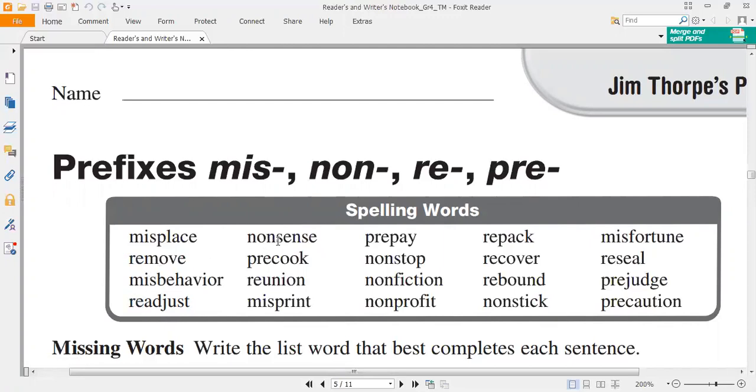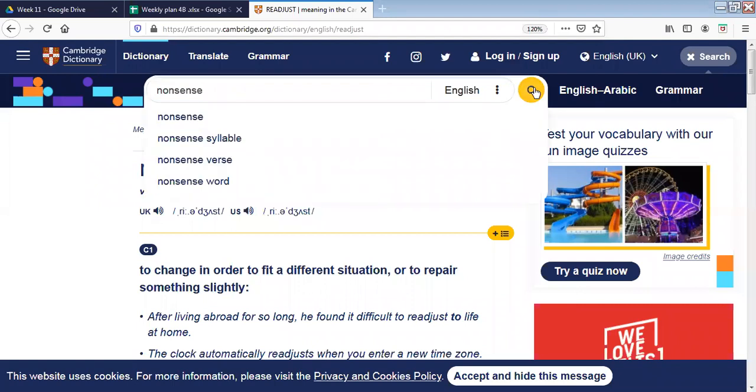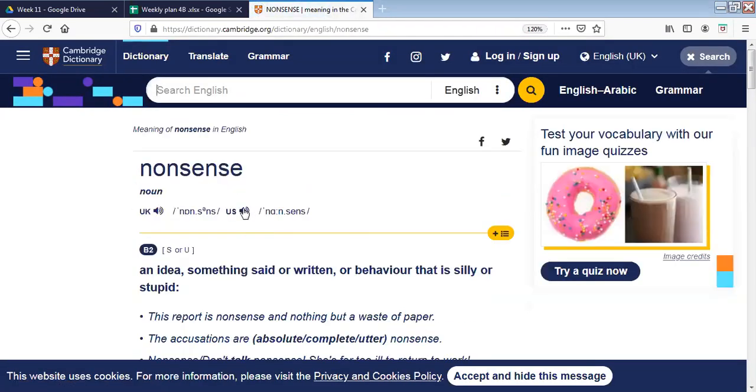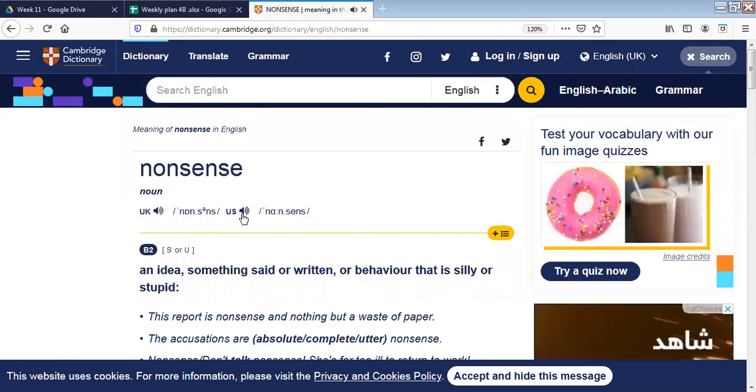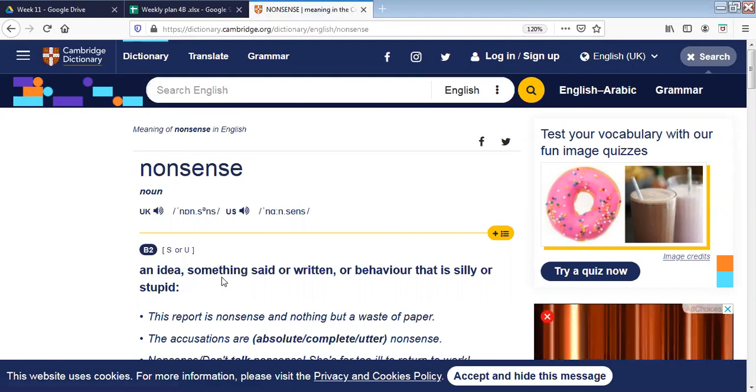Let's go to the second column. Listen. Nonsense. Nonsense, it means an idea, something said or written, or behavior that is silly or stupid.